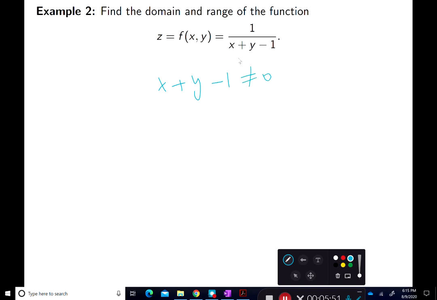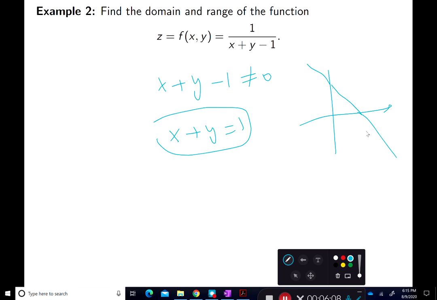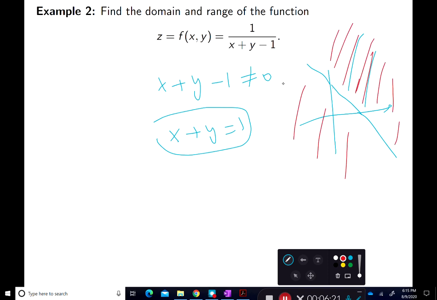What I end up with is that we have to exclude the line x plus y equal to 1. So if you find that line, which is this line over here, and you exclude it, everything else is going to be inside the domain.